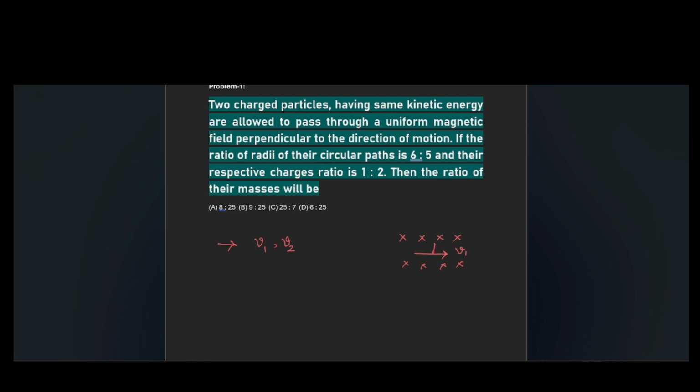it experiences a force perpendicular to the field, perpendicular to both the things. That is, the force acting is normal to the direction of velocity, so the force acting will be maximum. Okay, so F max is BQV.